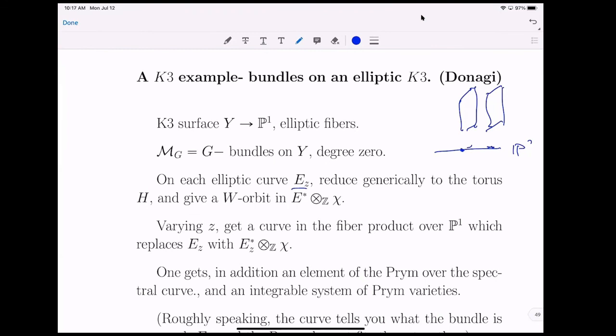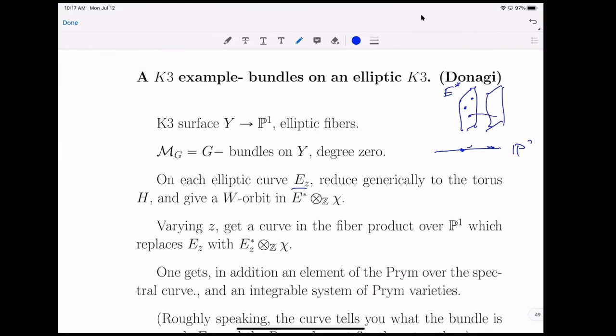And if they're of degree 0, as I was saying, they generically give you sum of line bundles. And so if you want on the dual elliptic curve, you're getting a sum of points.